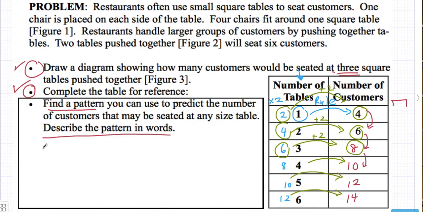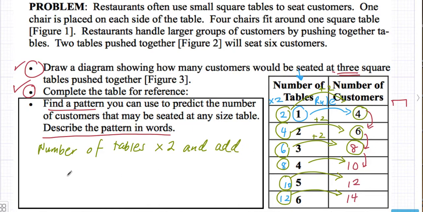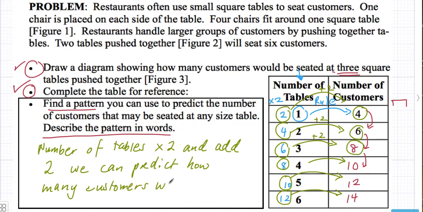Well, what it means is if we take the number of tables, which is the column on the left, and we multiply by 2, and so that was the first part, that was this column here, we multiplied them by 2, got it really close to here, but a little bit off, and add 2, and so that's the adding 2 part, we can predict how many customers will sit at the tables.